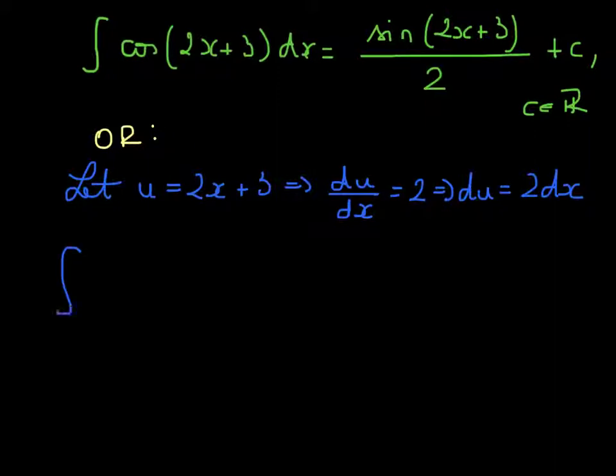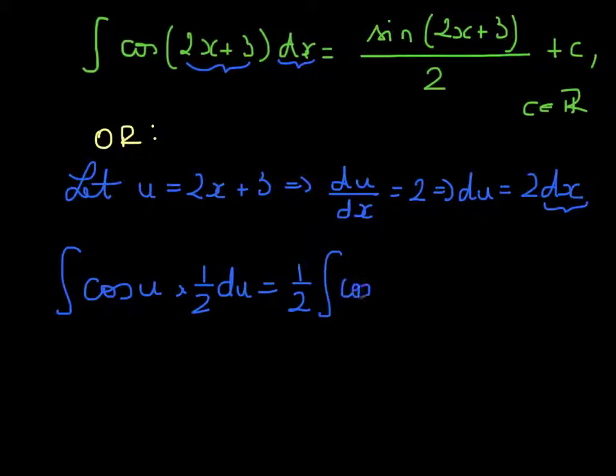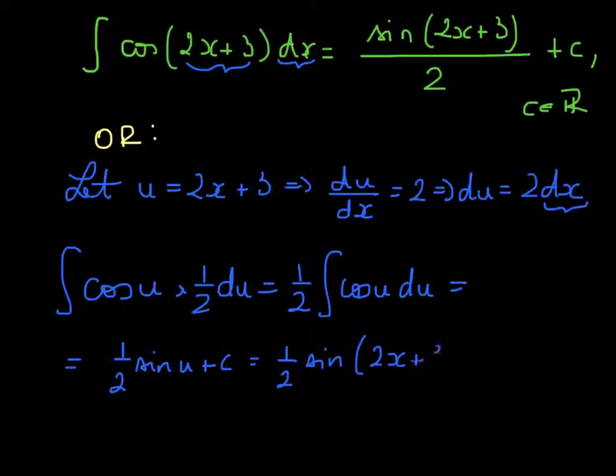Replace, so we get integral cos of u. For dx, I need to replace x as well, so dx is half du. Half goes in front of the integral, cos u du, which is 1 over 2 sine u plus c, which is 1 over 2 sine of, and now I write it in terms of x. See, exactly the same answer.